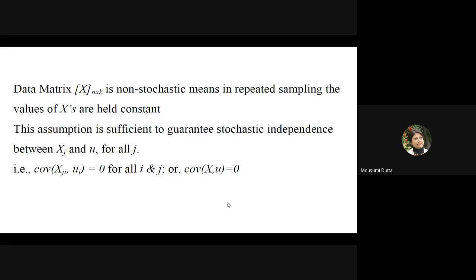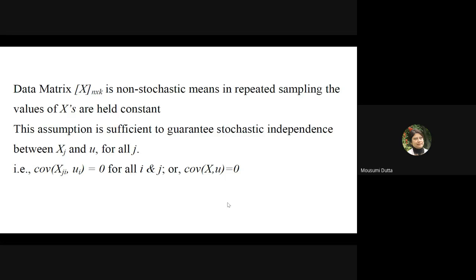Third assumption here is similar to that of the two variable analysis case. We considered covariance between x and error to be absolutely equal to 0 to maintain the linearity of the model. So a similar assumption will be retained in the context of a multiple regression model. So data matrix X, which is of order n by k, is non-stochastic.